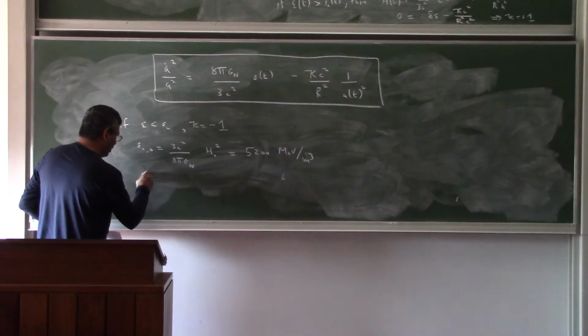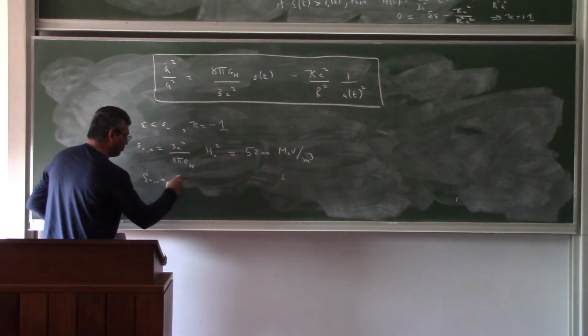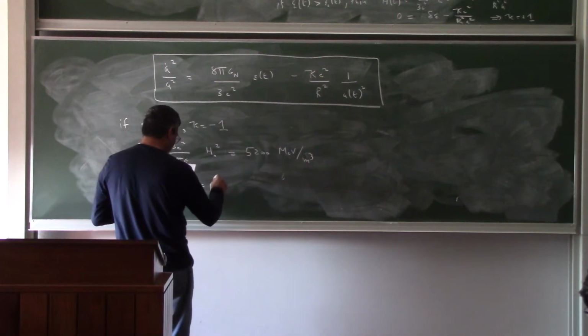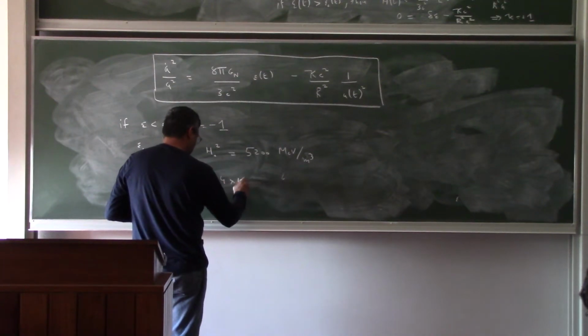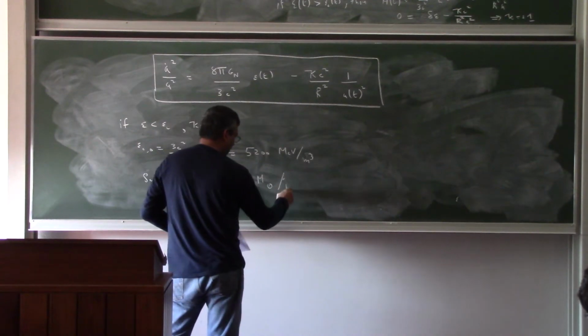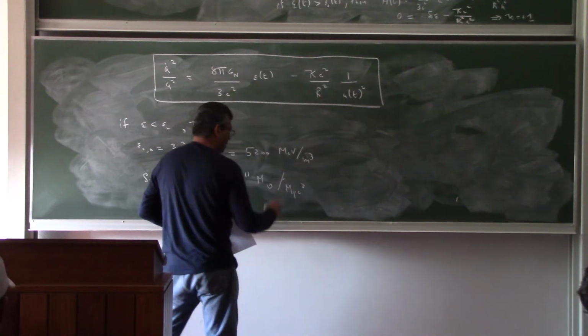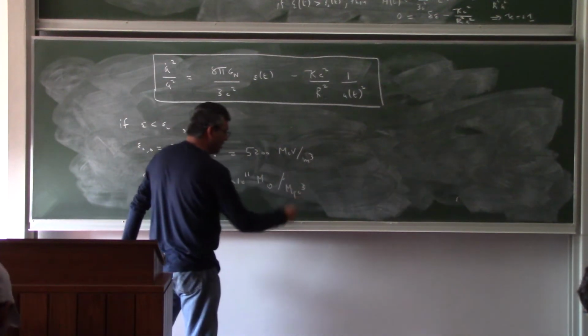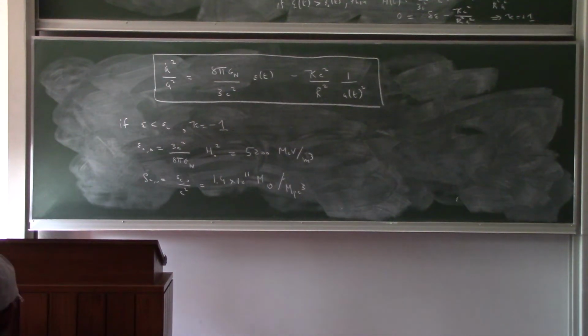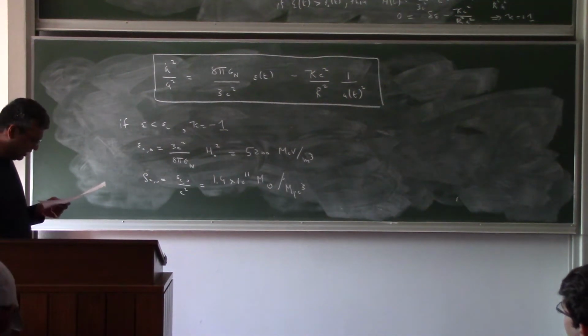And rho critical is epsilon critical divided by c squared, and this is 1.4 times 10 to the 11 solar masses per megaparsec cubed. Those units are incomprehensible to anyone, because who knows how many solar masses there are per cubic megaparsec. But anyway, that's the mean.